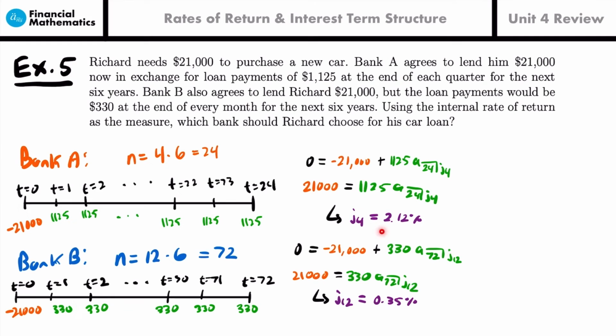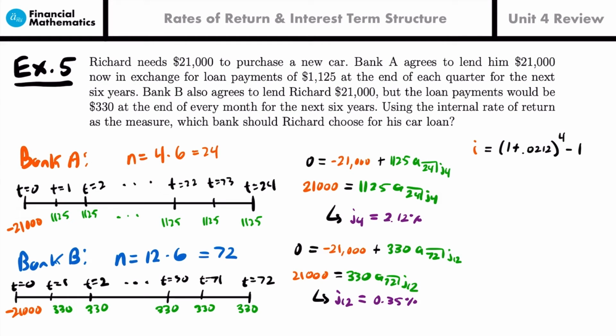I'll start by converting J sub 4 to an annual effective interest rate. We'll have that I is equal to 1 plus J sub 4, which is 2.12%. So we have 1.0212 to the power of 4, the number of times that rate would happen in a year. So a quarterly rate would occur 4 times in a year. And then you subtract 1.